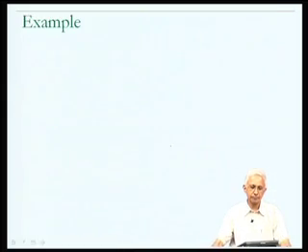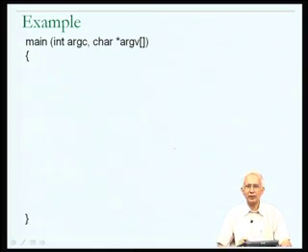Now let's just look at a very simple example of an MPI program, just to make sure that we understand how simple it is to write one. I'm going to be using SPMD. I'm going to write an example where there's a single program which is going to be run on all the processors, one process per processor possibly, of the parallel machine. So I'm writing the single program in C, and I'm showing you the main of the single C program.